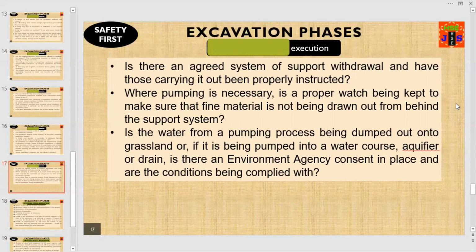Dear friends and fellows, you have to consider all these points from day one once you start the excavation till backfilling and reinstatement.